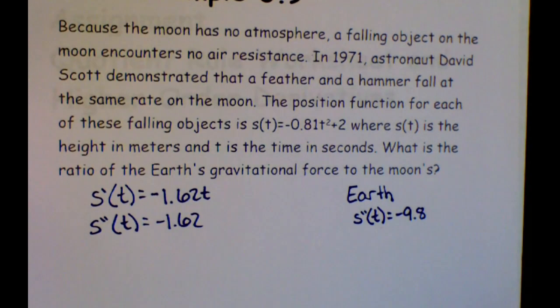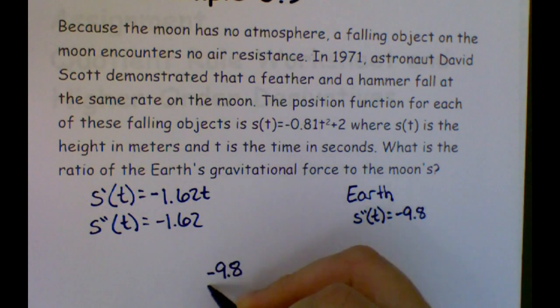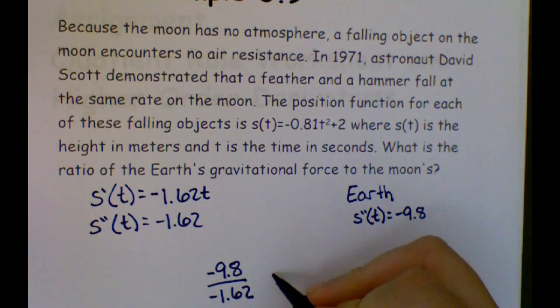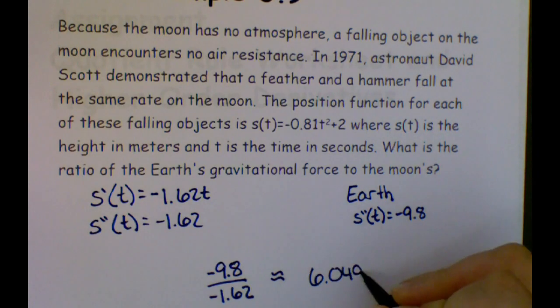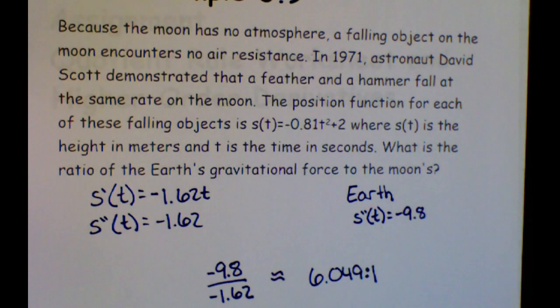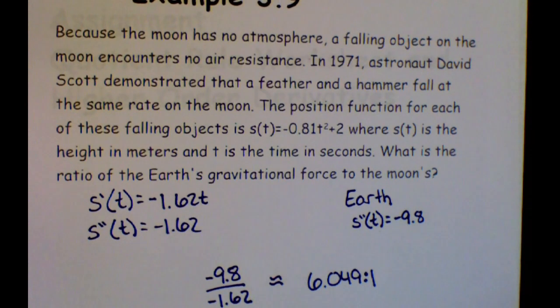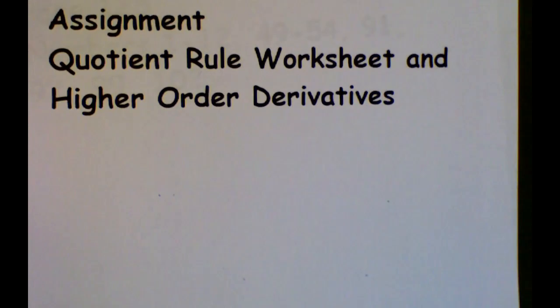So I want the ratio of Earth's gravitational force to the moon's. It is negative 9.8 over negative 1.62. So the ratio is about 6.049 to 1. The Earth's acceleration due to gravity is about 6 times the acceleration that happens on the moon. So now you'll practice.